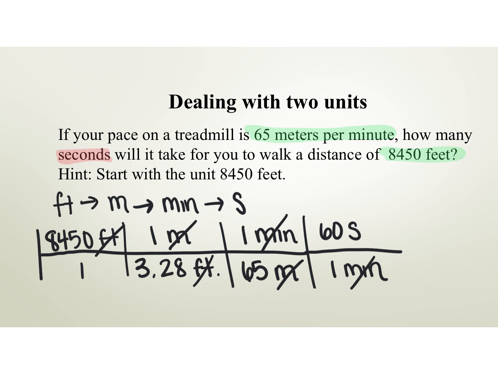So again, I'd recommend you physically cancel your units. It's a good way to double check your work. Is everything in the correct spot? We're left with seconds that doesn't cancel, and that matches the unit we want to be in. So it's time to calculate. Go ahead and multiply just the top row, so 8,450 times 60.